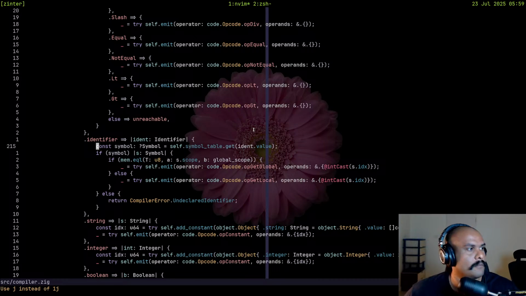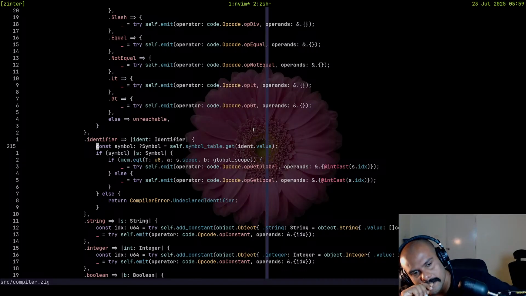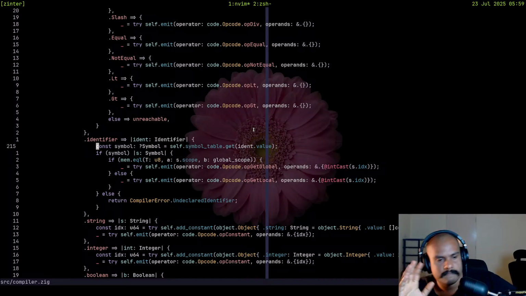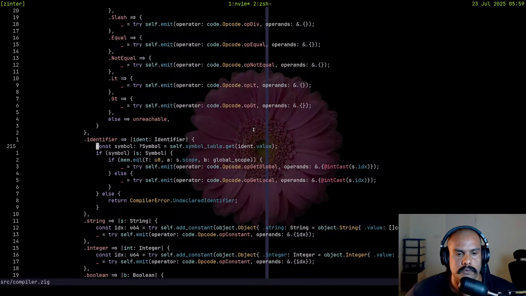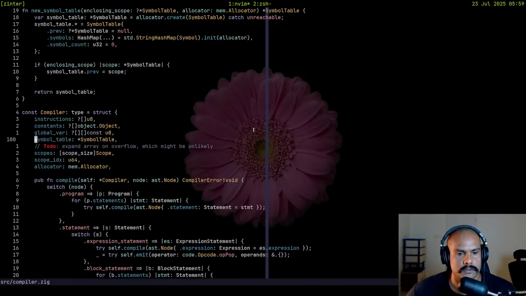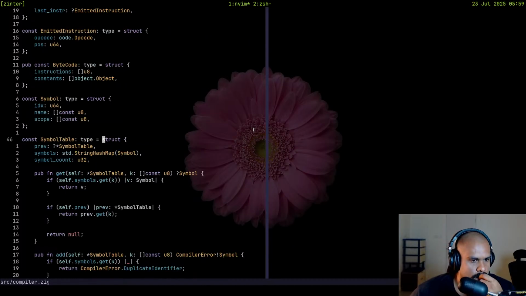I'm not gonna lie, I'm a bit confused. I don't even remember how the symbol table works. Totally forgot. Oh, okay. Now I remember. It's a linked list.